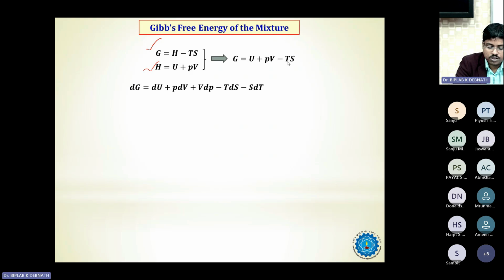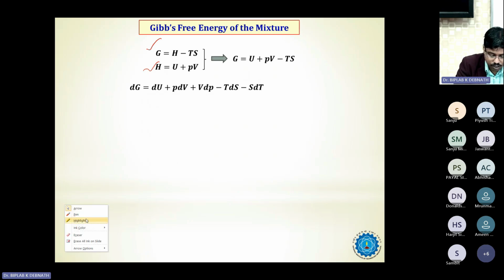Now if we differentiate this Gibbs function, we get dU plus PdV plus VdP minus TdS minus SdT.